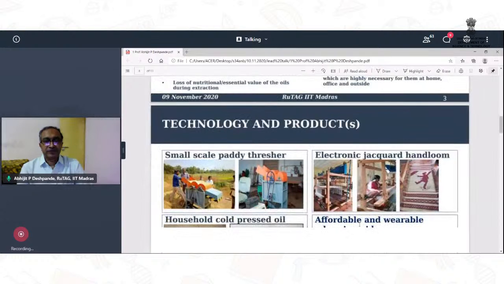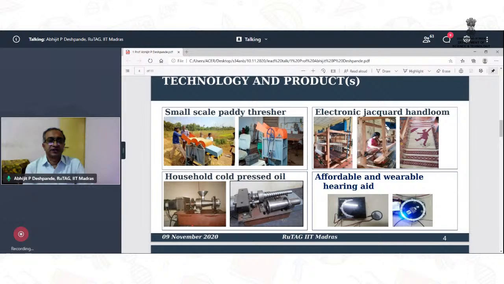These are snapshots of the small scale paddy thresher, and it's being tried out. You can just latch it on to an existing small tractor, or you can have a motor. We kept in mind manufacturability, the ease of traveling with this thresher, and being able to be used by 2 to 3 people at most.